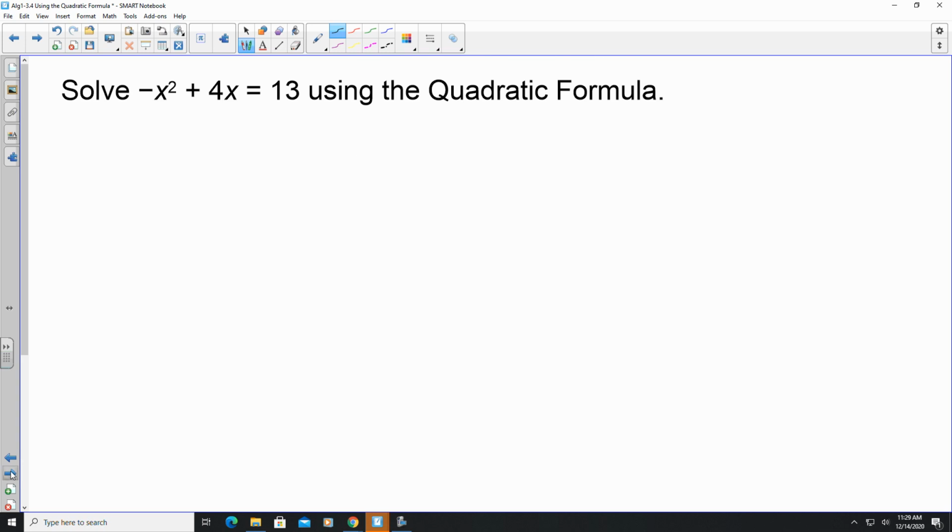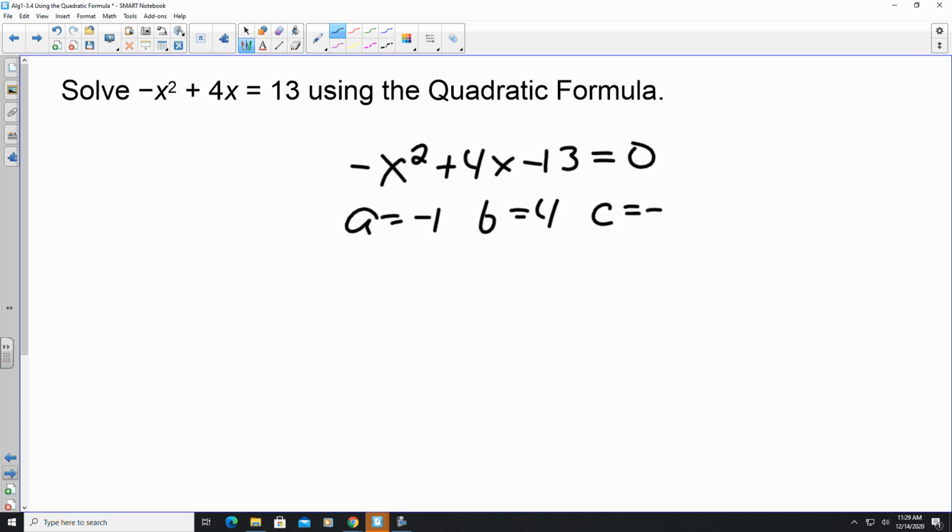Looking at this one here, again, subtracting 13, so I got negative x squared plus 4x minus 13 is set equal to 0. Looking at this, A is negative 1, B is positive 4, and C is negative 13.